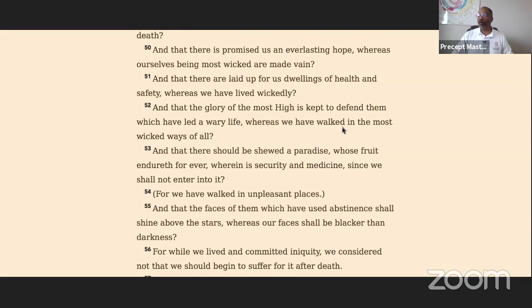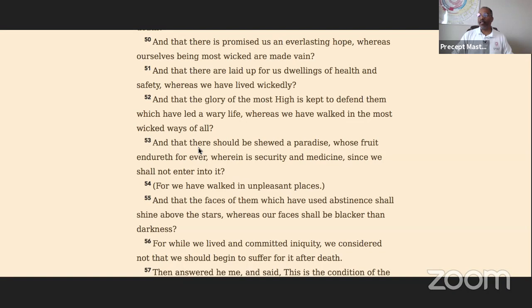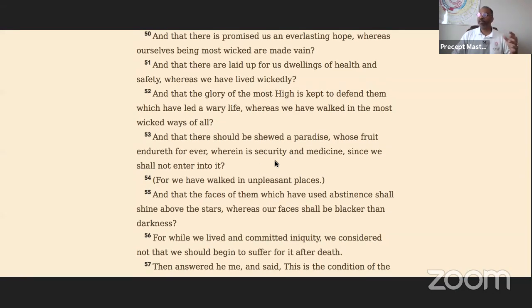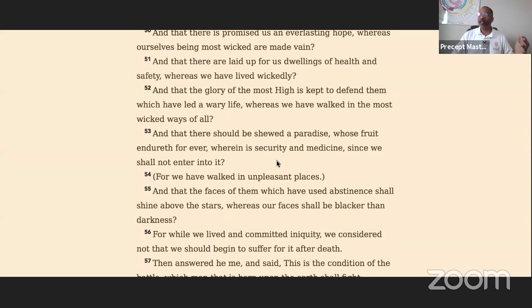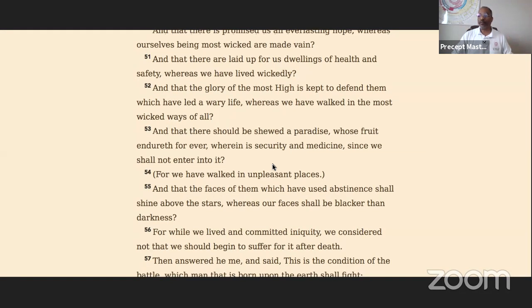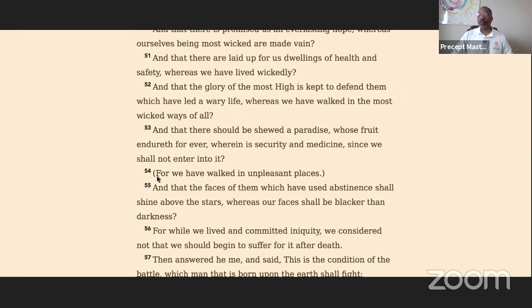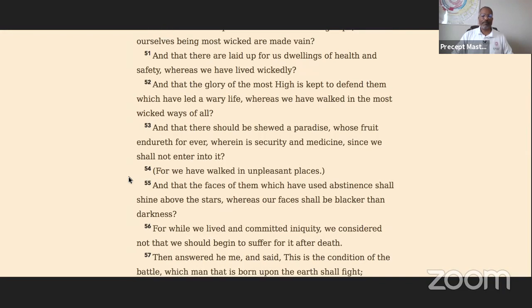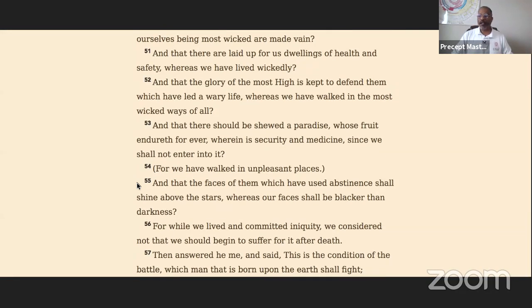And then whereas we have walked in the most wicked ways of all, and that there should be showed a paradise whose fruit endureth forever, wherein is security and medicine, since we shall not enter into it. For we have walked in unpleasant places. We're doing that right now.